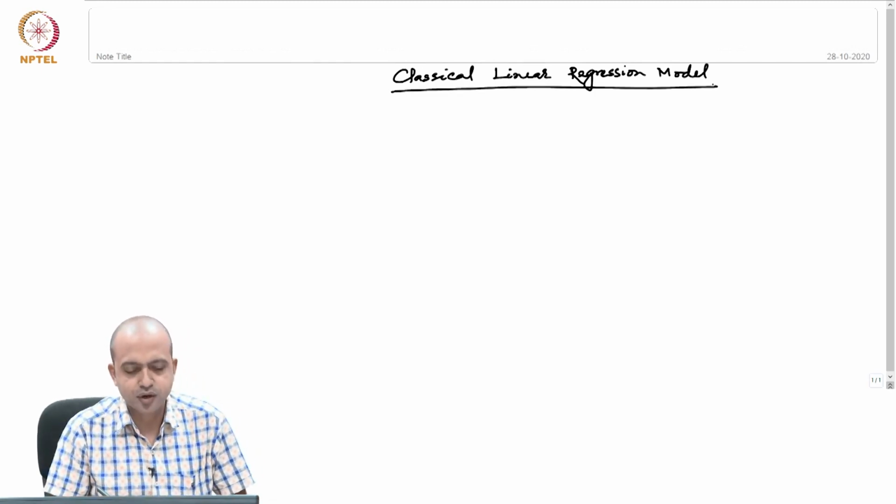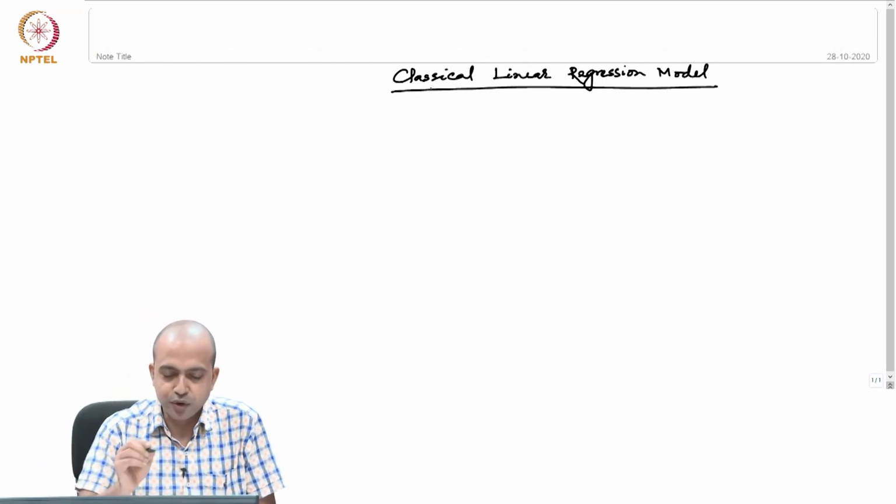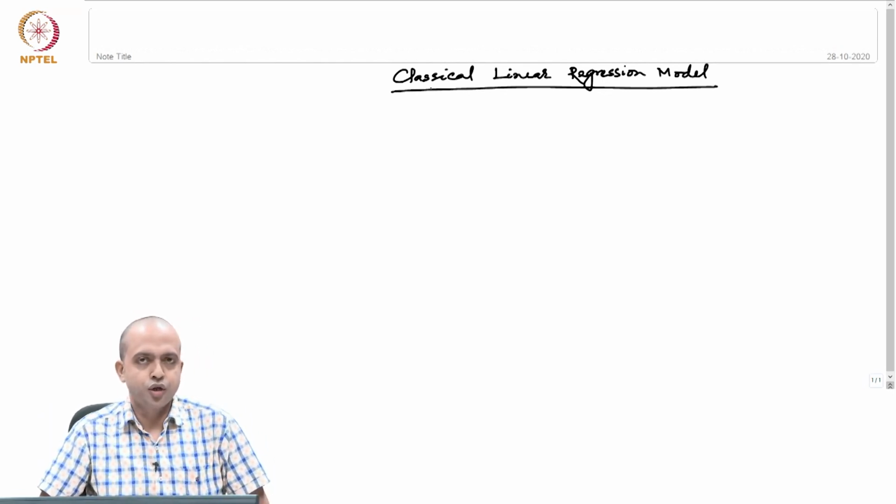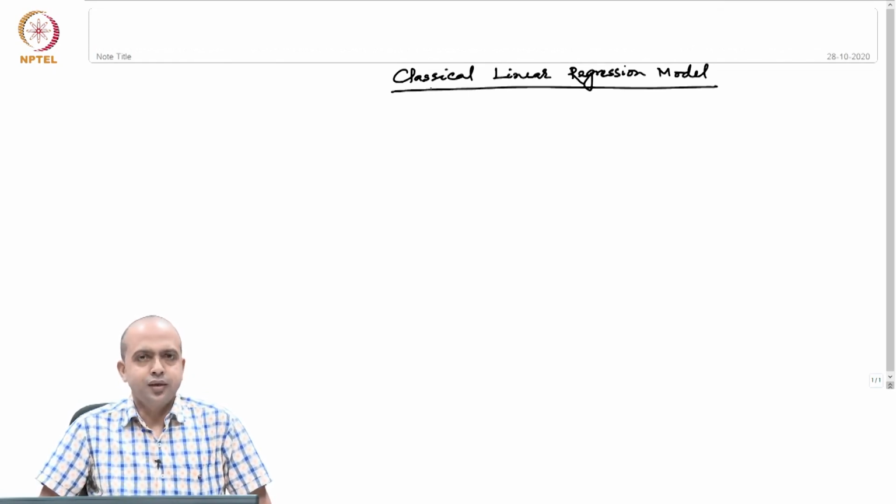So, let us first try to understand the meaning of classical, why this is called the classical linear regression model. Do you have any idea about the meaning of classical? See, classical, like classical music, basically indicates the foundation.